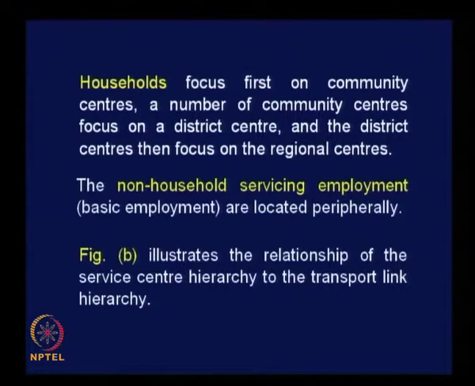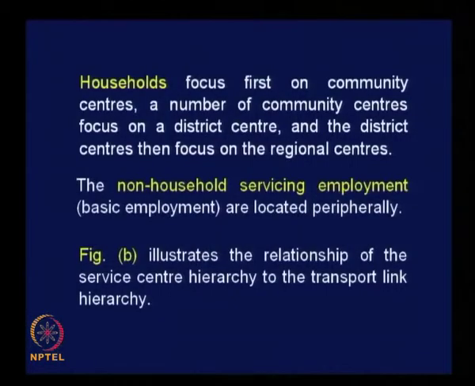And how do we fit the transport system hierarchy with the activity centers hierarchy is a question. Unless we fit both these hierarchies, we will not be able to understand the benefit or disbenefit of a particular structure. So, we must see how these 2 hierarchies fit with one another.